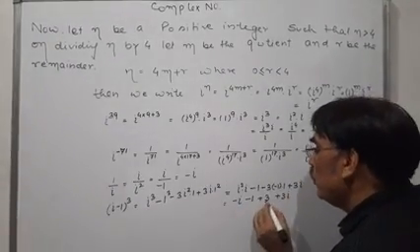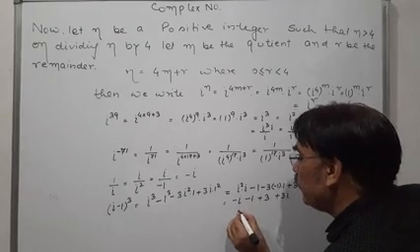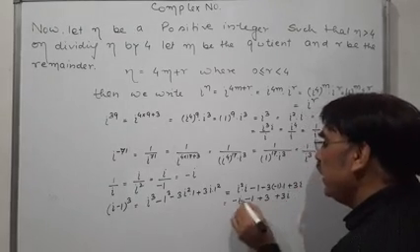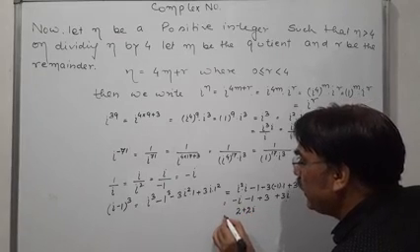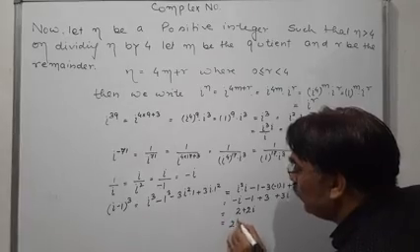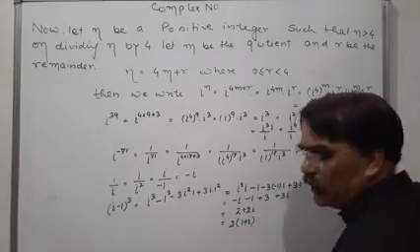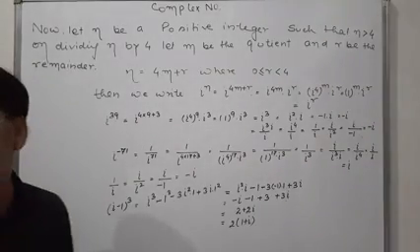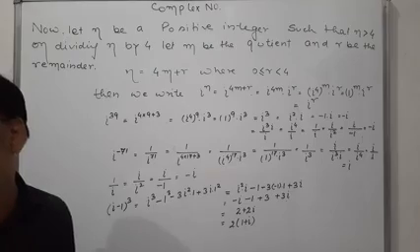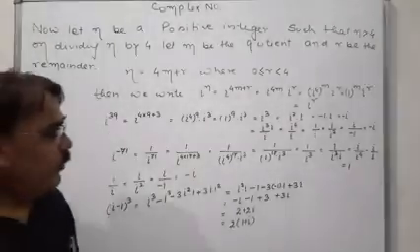So 3 minus 1 is 2, and 3i minus i is 2i. So we get the value 2 into (1 plus i). I hope it is clear now.